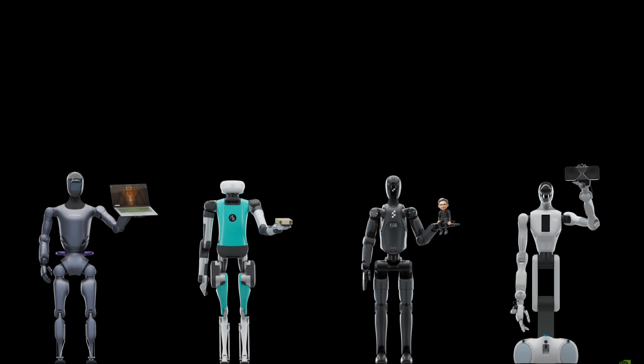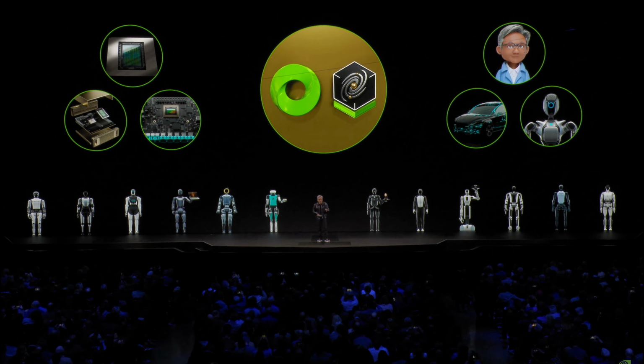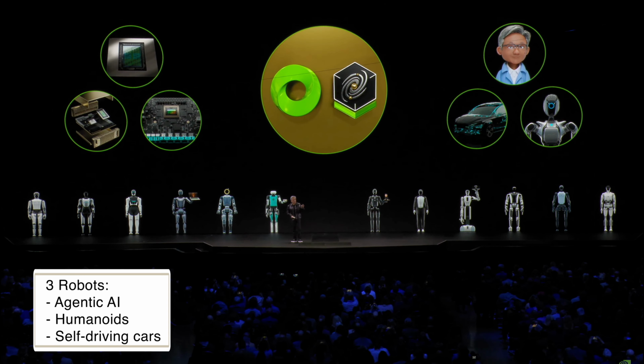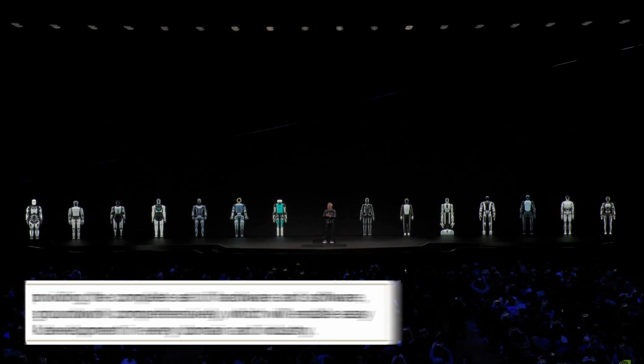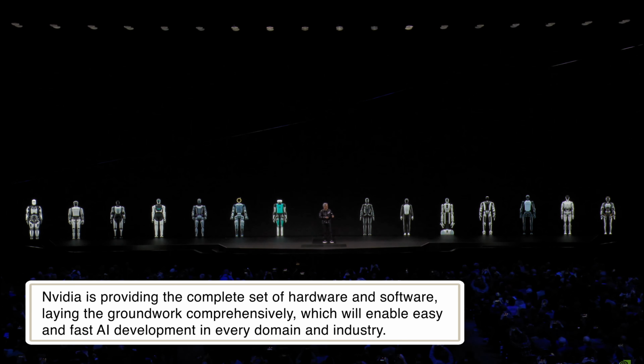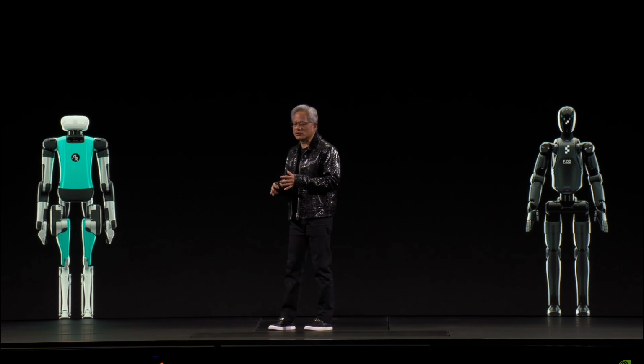It's open, available to activate the world's industries of robotics and such. And three robots. We're working on Agentic AI, humanoid robots, and self-driving cars. All of the enabling technologies that I've been talking about is going to make it possible for us in the next several years to see very rapid breakthroughs, surprising breakthroughs in general robotics.